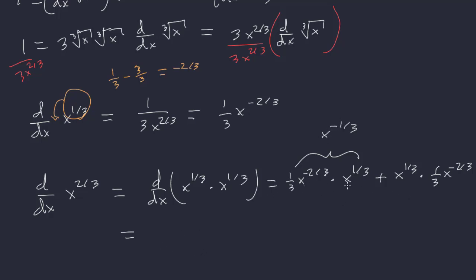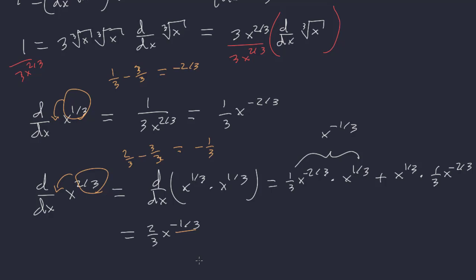Okay, so when we bring these together, we're going to get 2/3 x to the negative 1/3. And once again, we bring the 2/3 down, then 2/3 minus 1, which will be 3/3, is going to be negative 1/3. And that's what our exponent ends up being.